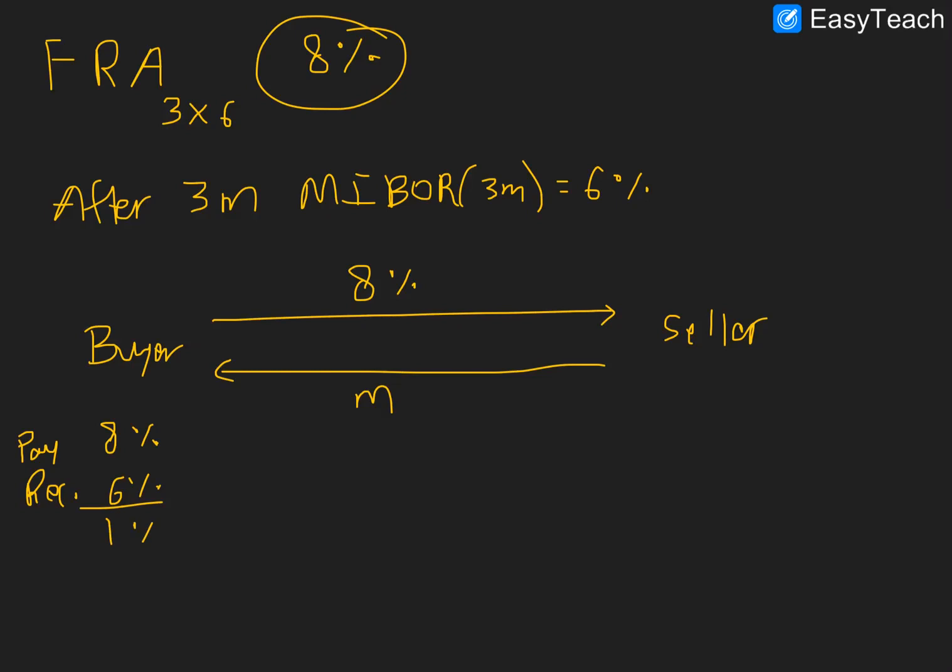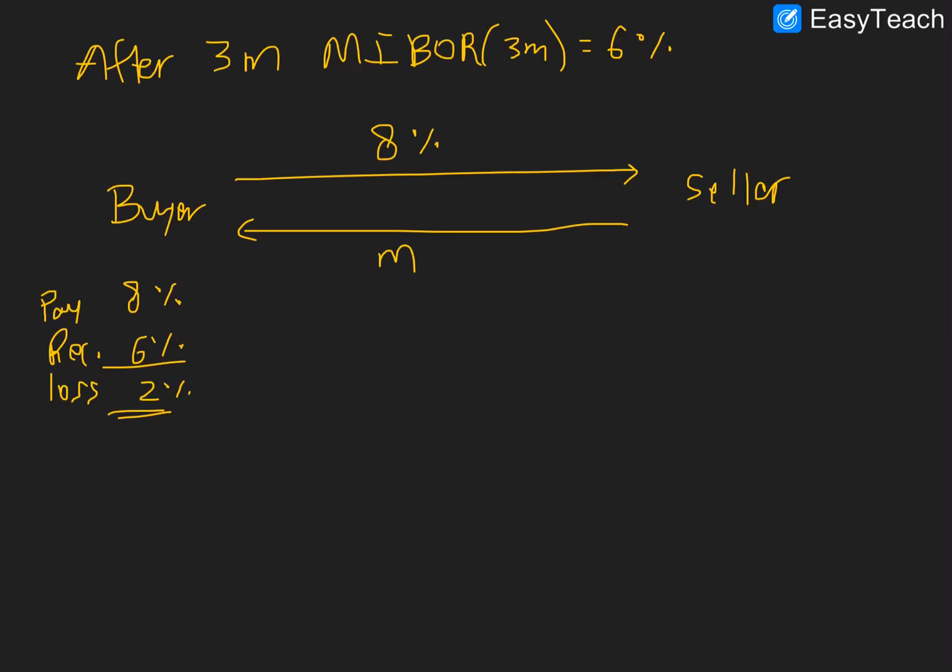So there is a loss of 2% that the buyer is sustaining, whereas the seller was supposed to pay MIBOR. Now when I say pay MIBOR, he was supposed to pay 6% and he was supposed to receive 8%. So definitely he is having a gain of 2%.